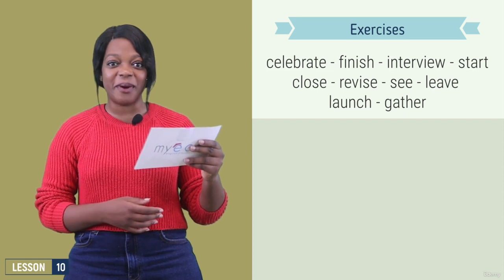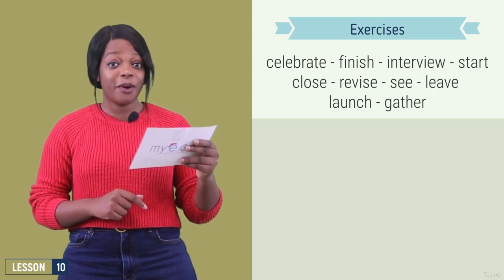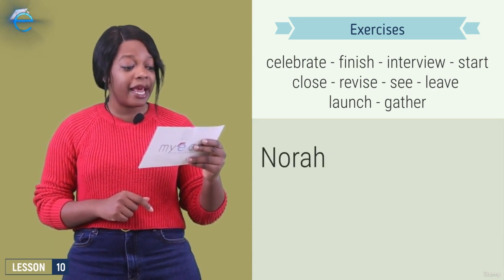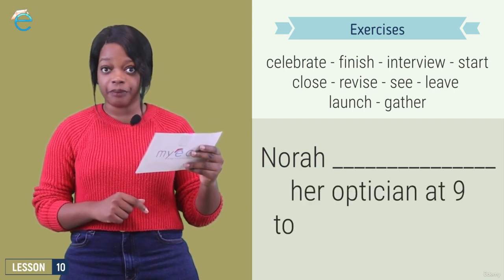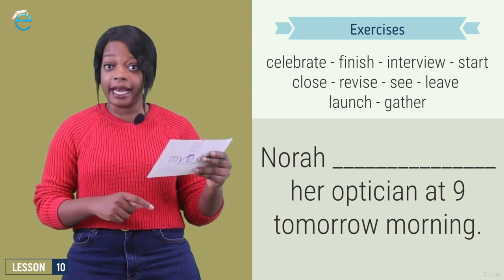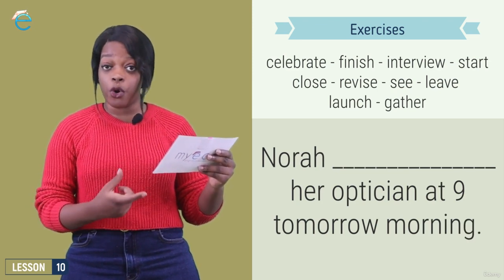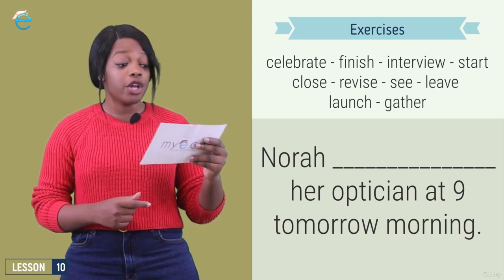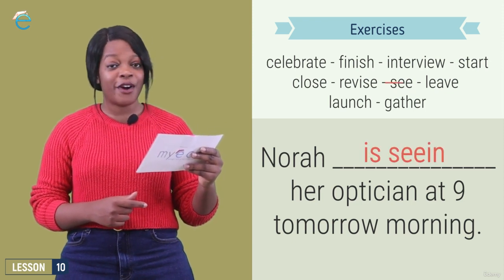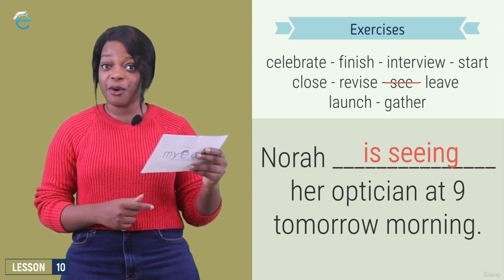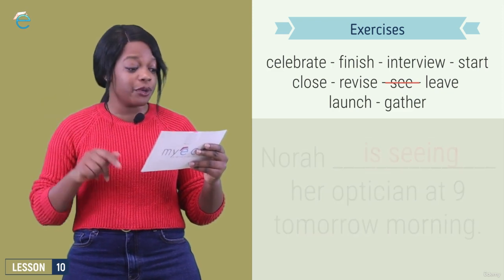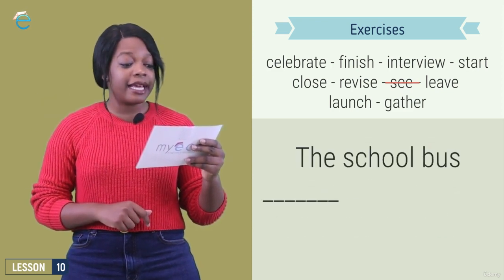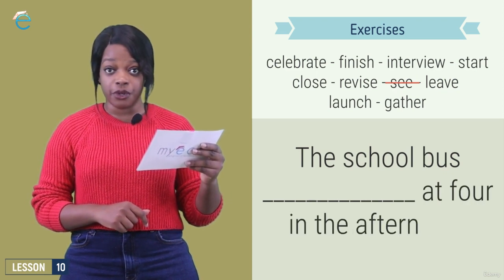Let's begin with number 1. Number 1 says, Nora blank her optician at 9 tomorrow morning. Tomorrow morning at 9 is a planned, organized event, so Nora is seeing her optician at 9 tomorrow morning. Present continuous tense.